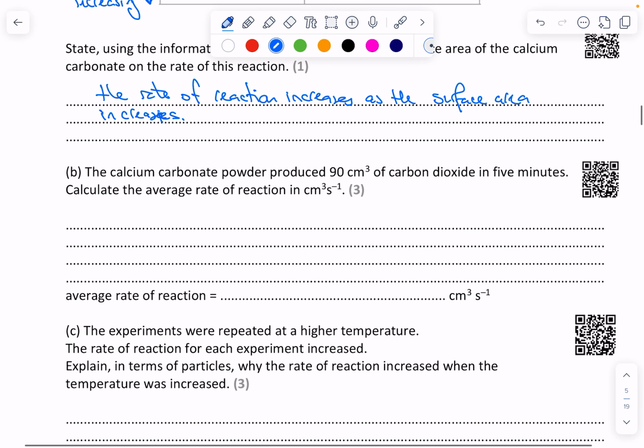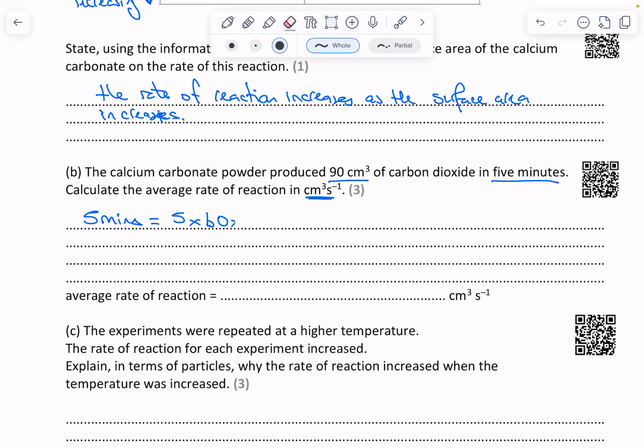Okay, next one. The powder calcium carbonate produced 90 centimeters cubed in 5 minutes. Calculate the rate in centimeters cubed per second. So notice this is seconds. So if I've got 5 minutes, the first thing I need to do is convert it into seconds. And to do that, I'm going to times it by 60. So 5 times 60 is going to give me 300 seconds of time.